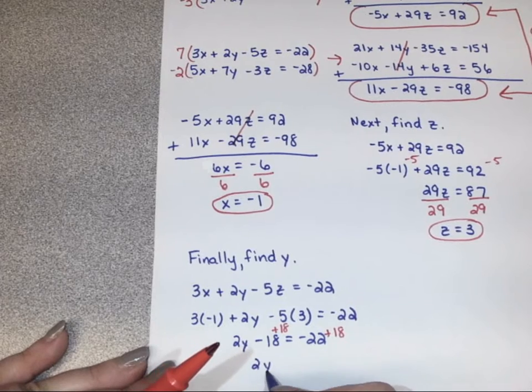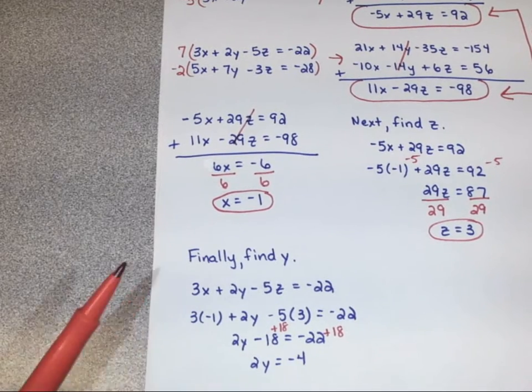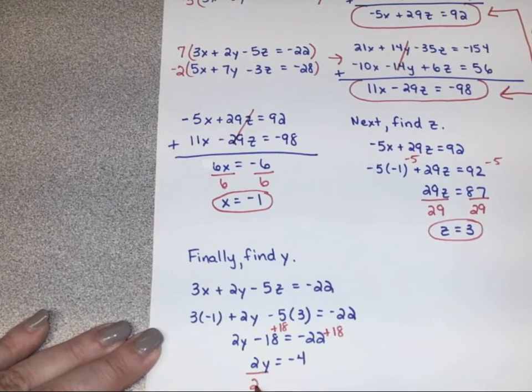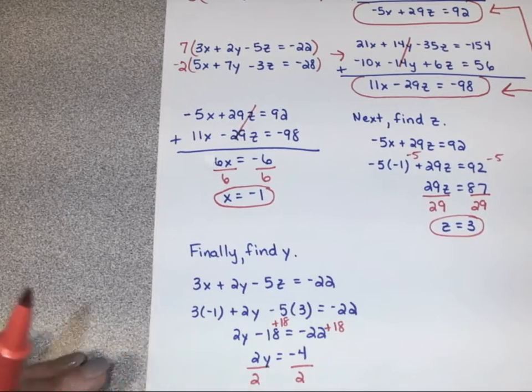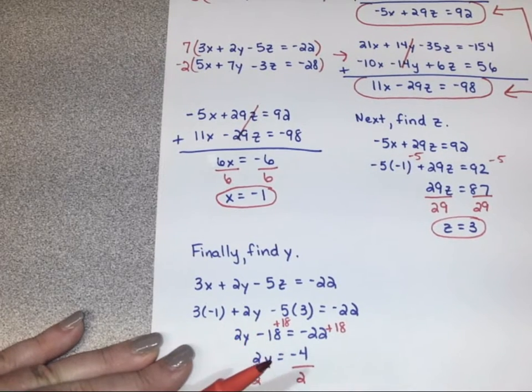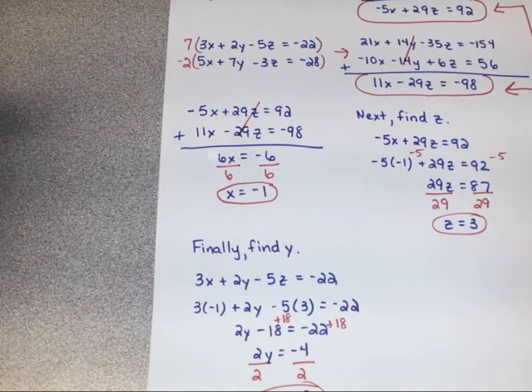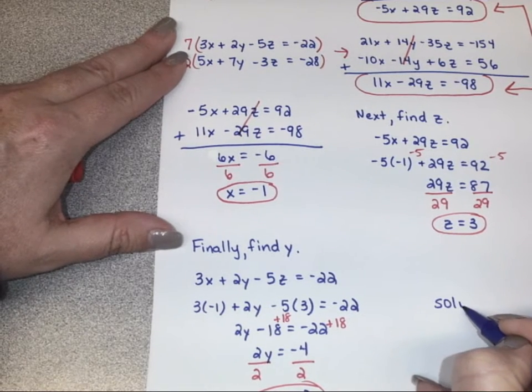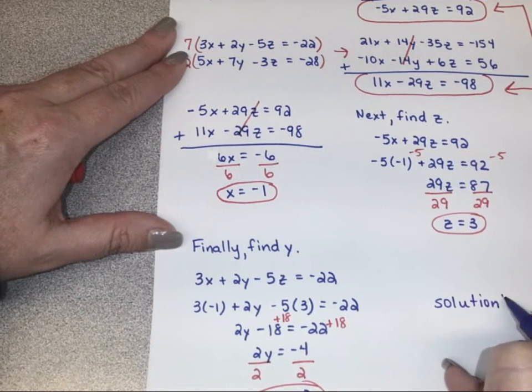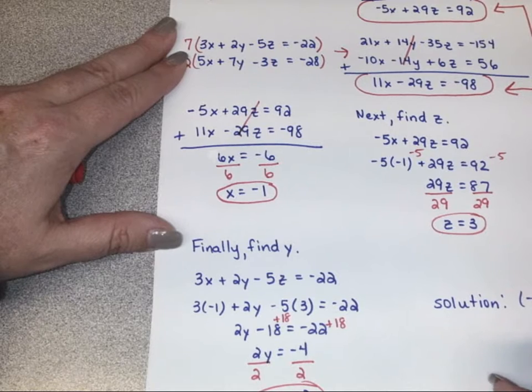So we get 2y equals negative 4. And then divide both sides by 2, so we get negative 2. So in the end, remember, I want you to write the solution as an XYZ number. So negative 1, negative 2, 3 is what you should have gotten.